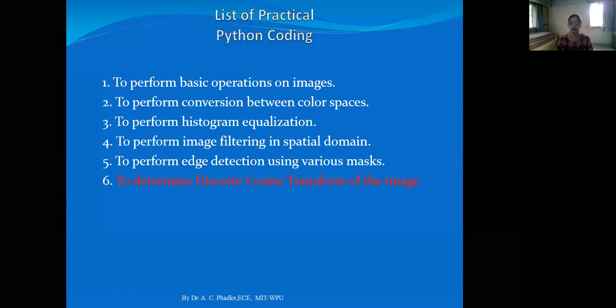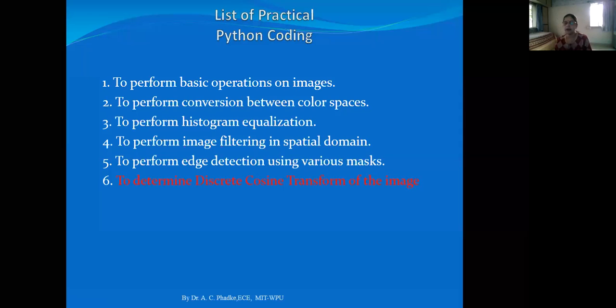Before starting this unit, as you have selected this subject as your open elective, I think you might have a brief background related to images, and you might have come across some applications where image processing is useful.